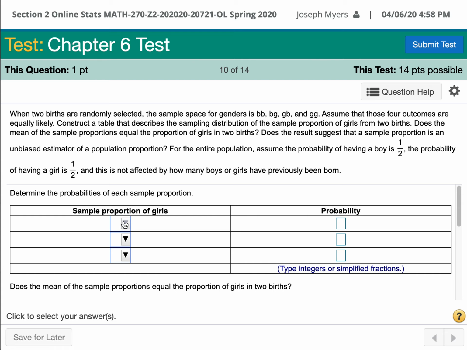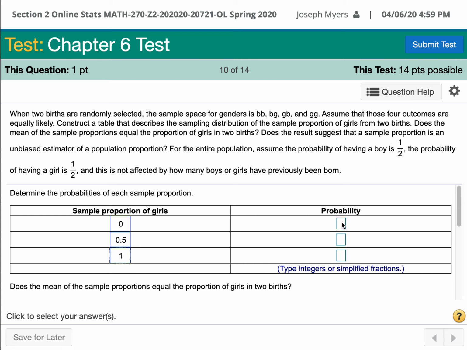With two births, you might have a proportion of 0 girls, or half girls, or all girls. If you had one boy and one girl, it'd be half girls and half boys. If you had 0 girls, it'd be 0% girls, and if it was 2 girls, you'd have 100% girls, which would be a ratio of 1.